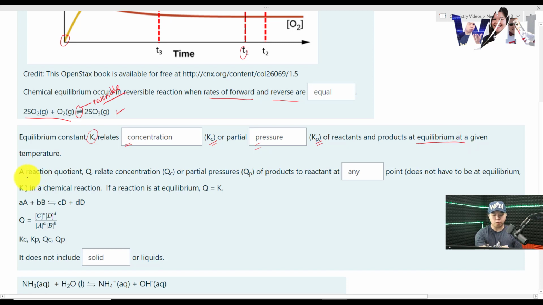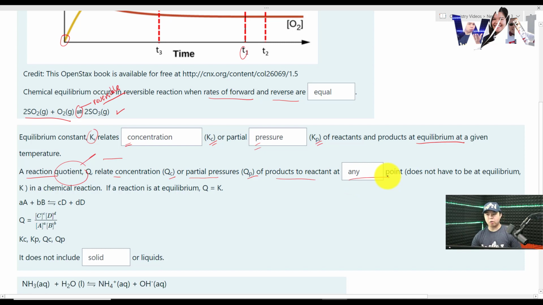Well, we have something called the reaction quotient. Quotient is basically division, right? Or fraction, think of it that way. And it relates the concentration or partial pressure, where we have Qc for concentration and Qp for partial pressure, of the product and reactant. I just changed the word, okay? They're all the same thing, okay? At any point, and of course, it could be at equilibrium as well.